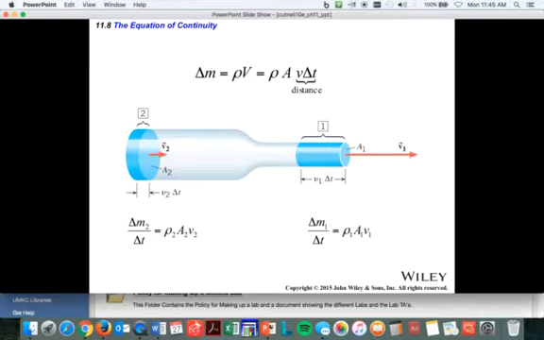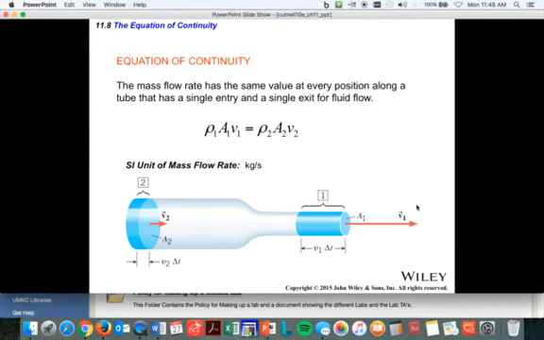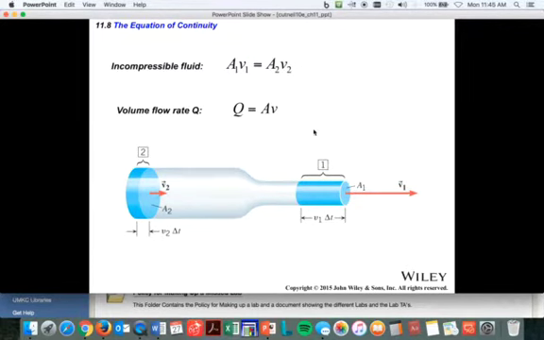So your continuity equation is this part equals this part. So here's your continuity: the density times the cross-sectional area times V1 is equal to the density times the cross-sectional area times V2. That's your equation of continuity.